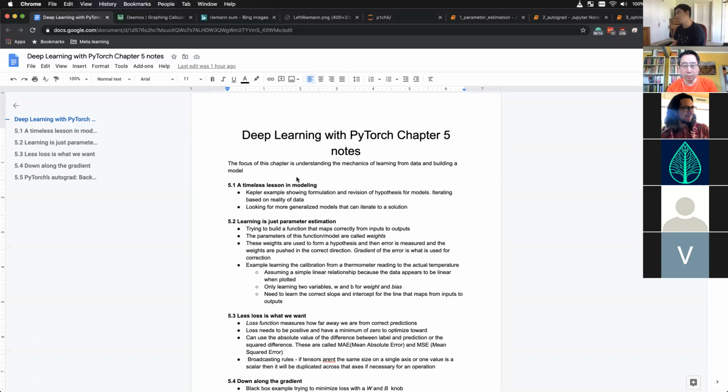He iterated over time to finally figure out that that was the true model and to understand the different relationships. What we're looking for in the future with our more modern technology is more generalized models, because it took him years to iterate and find the correct scenario. We want something that can find that model on a more generalized problem with much less work. That was the gist of the first section.